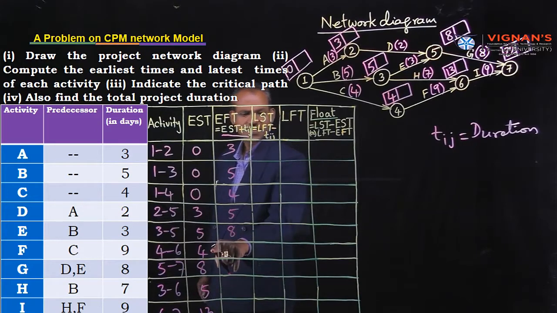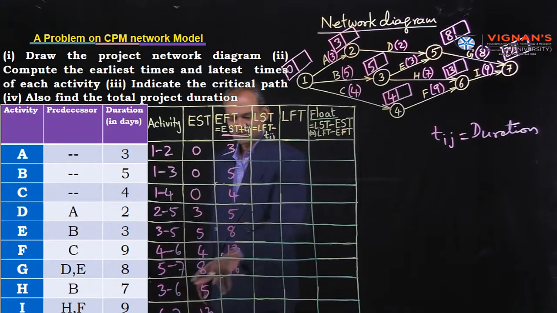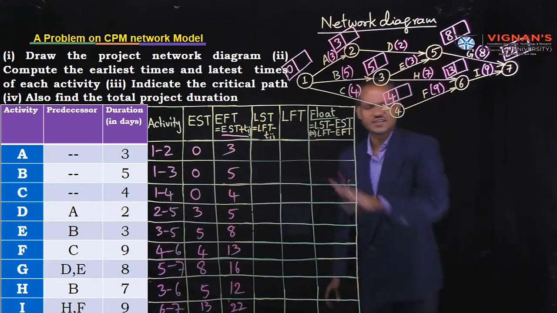Next, 4 plus 9. That means 13. 8 plus activity duration. 8. 8 plus 8, 16. Next, 3 to 6. Which activity? H activity. 5 plus 7, 12. Next, last activity. 13 plus 9, 22. We have completed all the earliest times.